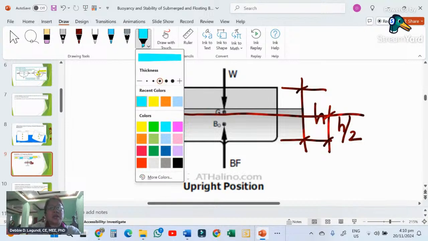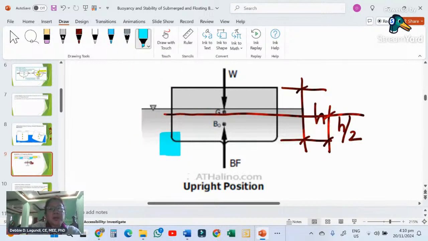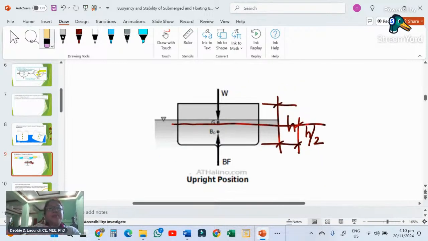It's too thick. Right. So this is the bottom and it's referenced here. How about the center of buoyancy?